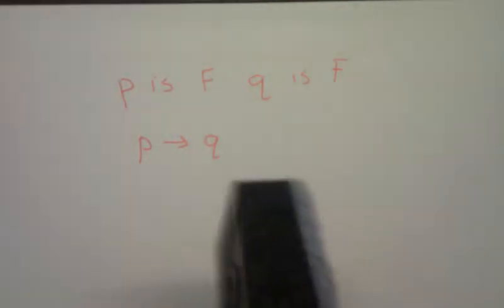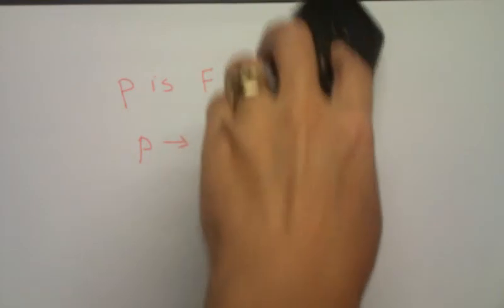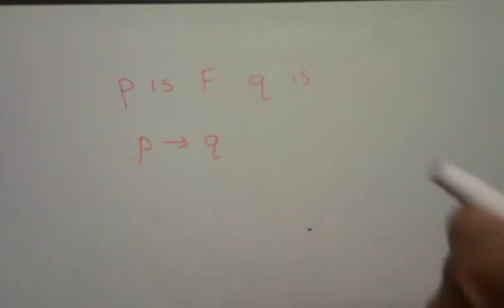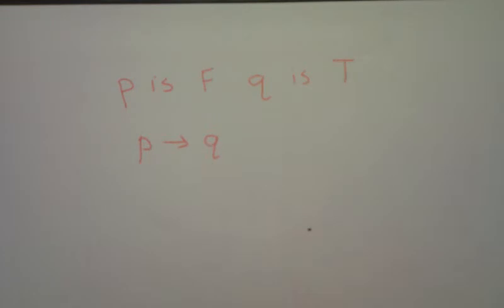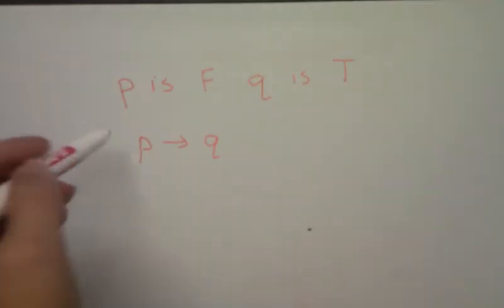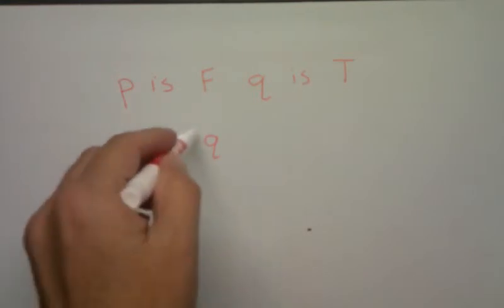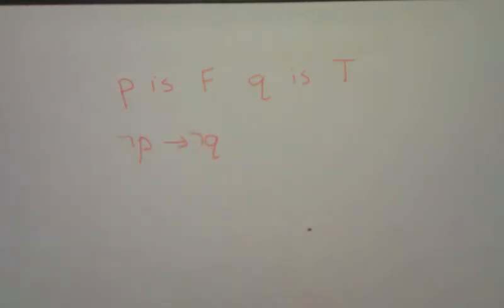Okay, what if P is false and Q is true? What is the conditional?